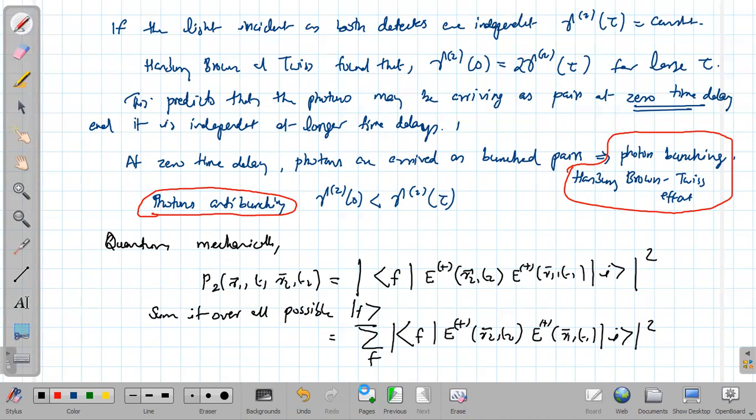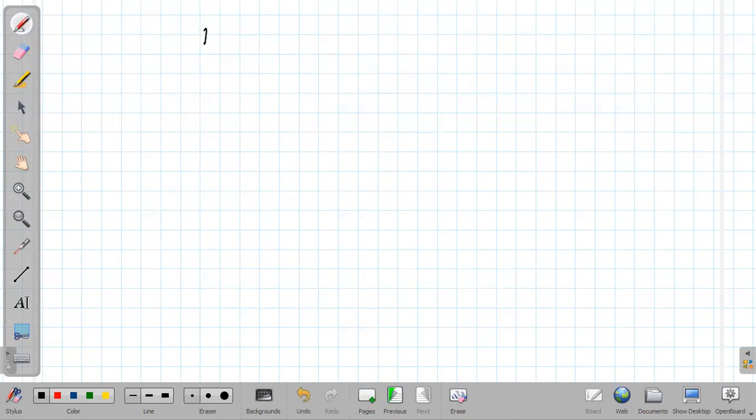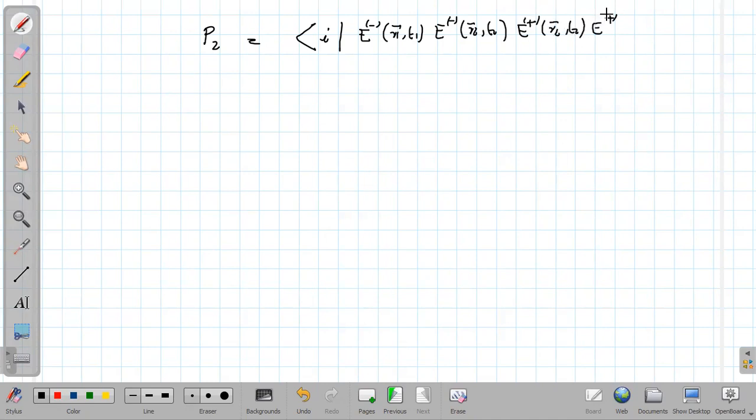Then with that, we can show that this probability would be equal to ⟨i| E−(R1 T1) E−(R2 T2) E+(R2 T2) E+(R1 T1) |i⟩.